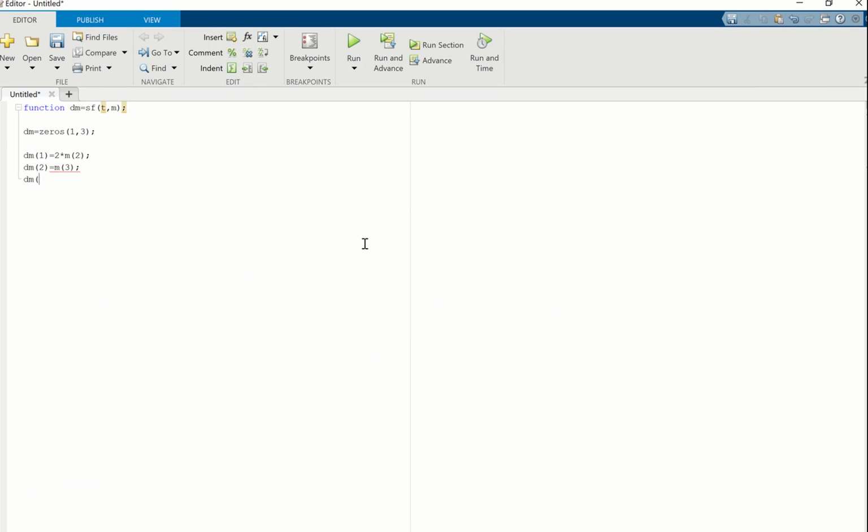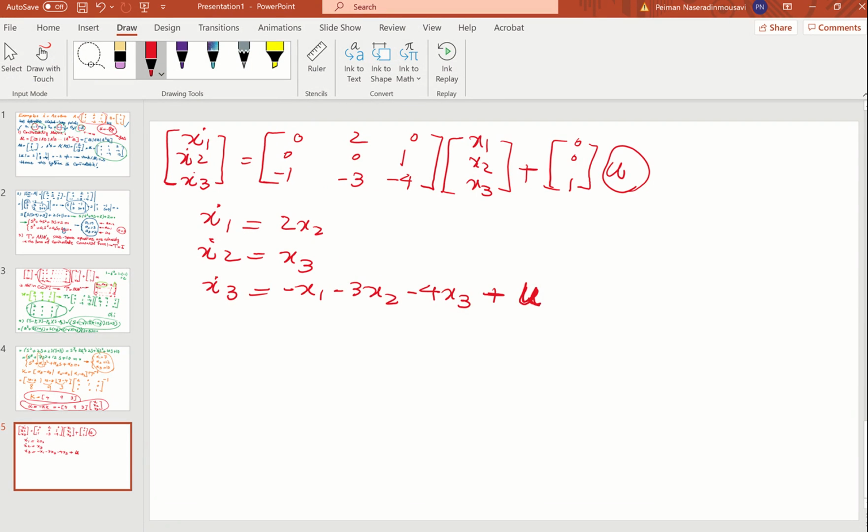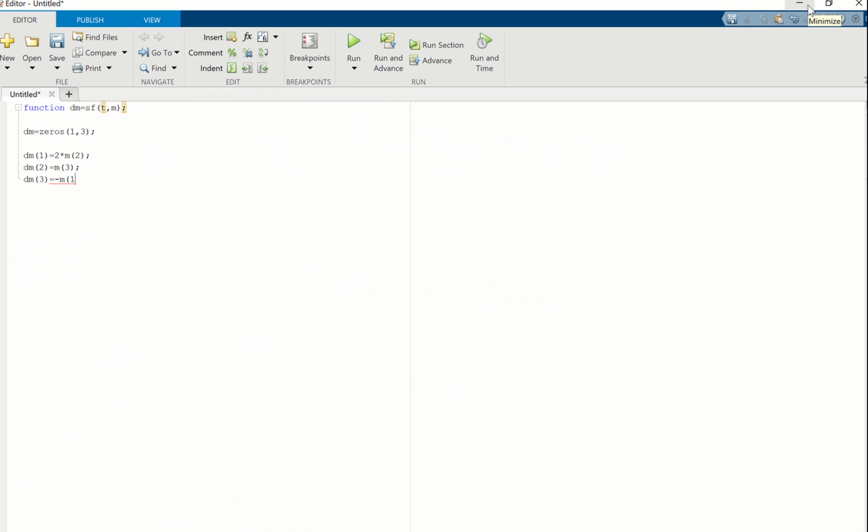And dm3 is what? dm3 is minus x1 minus 3x2 minus 4x3 plus u, so it is minus m1 minus 3m2 minus 4m3 plus u.